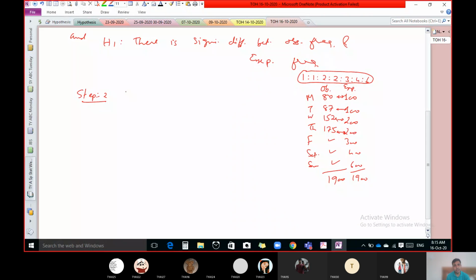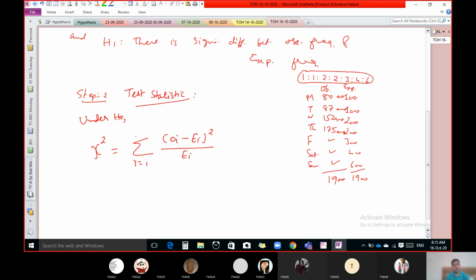स्टेप 2, टेस्ट स्टैटिस्टिक अंडर एच नॉट. फॉर्मूला काई स्क्वायर इक्वल टू सिग्मा OI minus EI the whole square upon EI, I running from 1 to n, where OI is the observed frequencies and EI is expected frequencies.